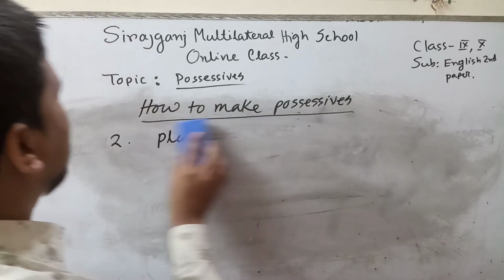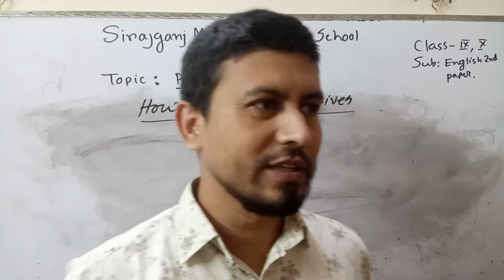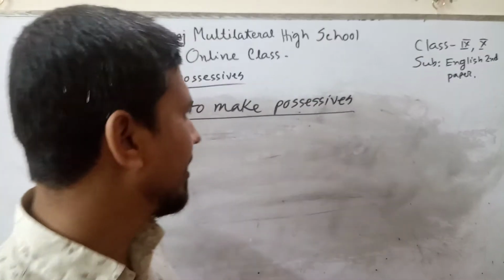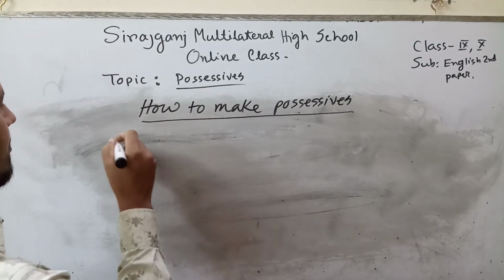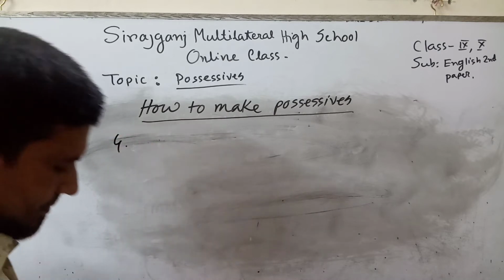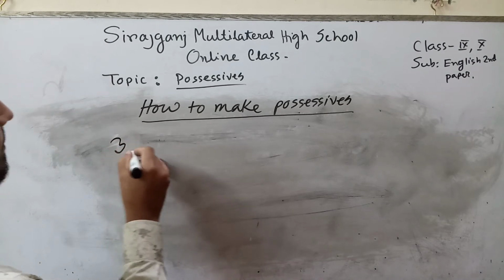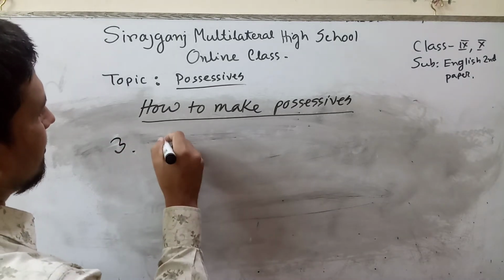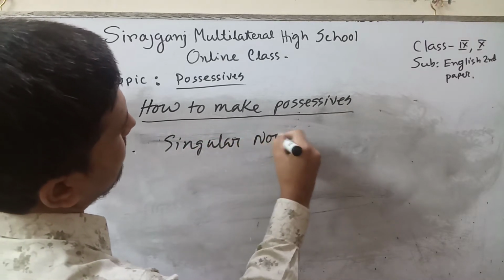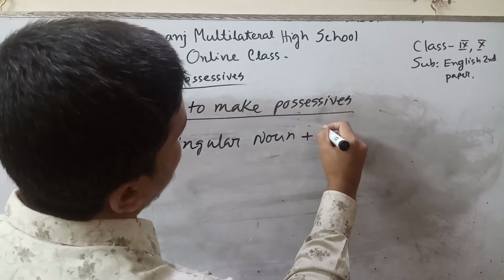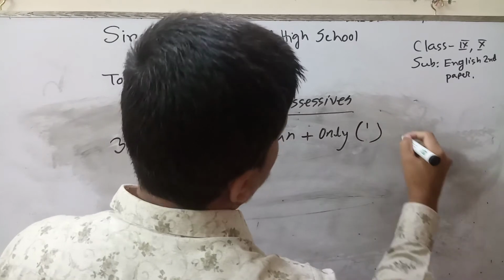Now there are some words which end with s. In this case, we write singular noun plus only apostrophe.